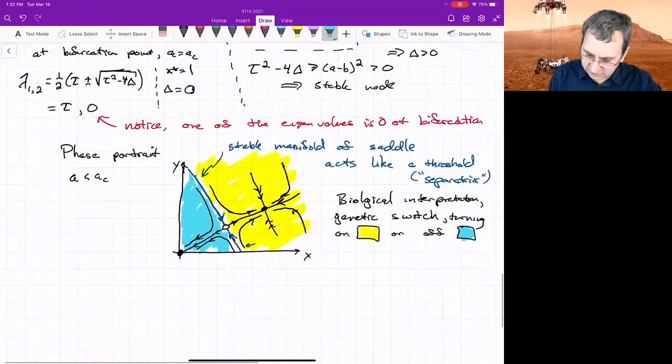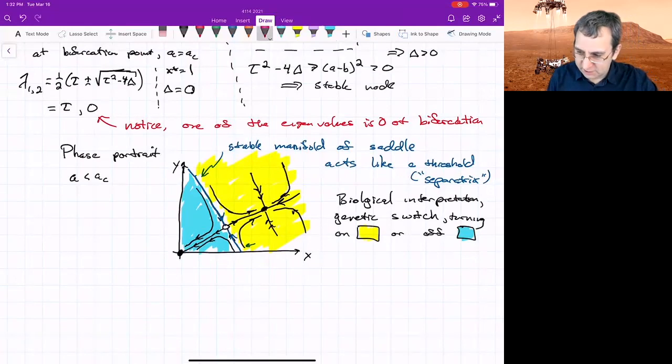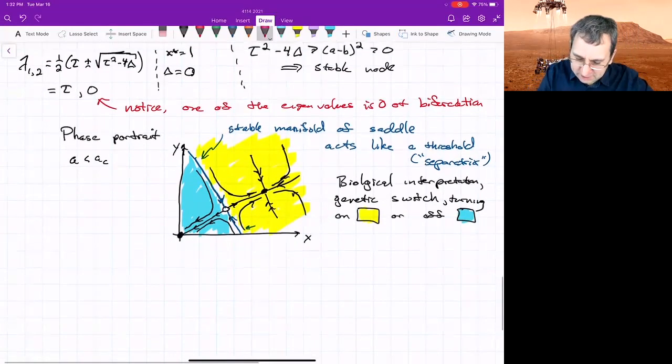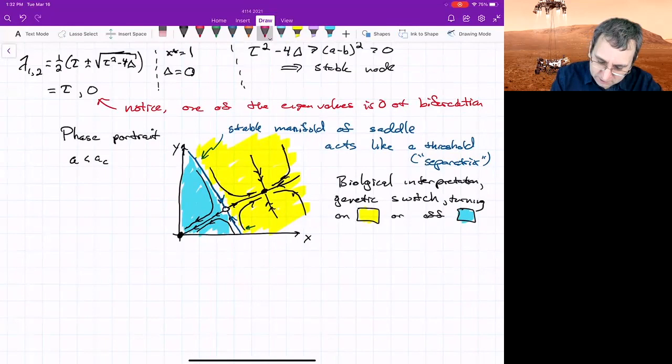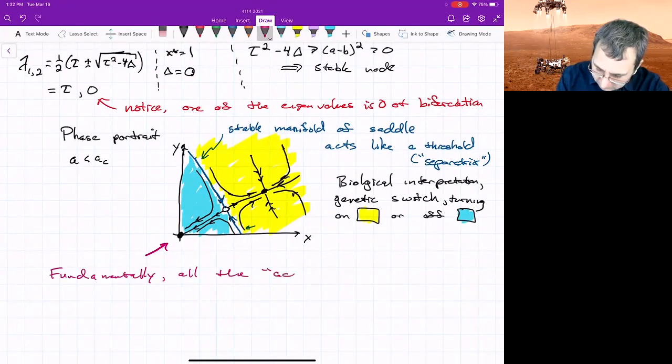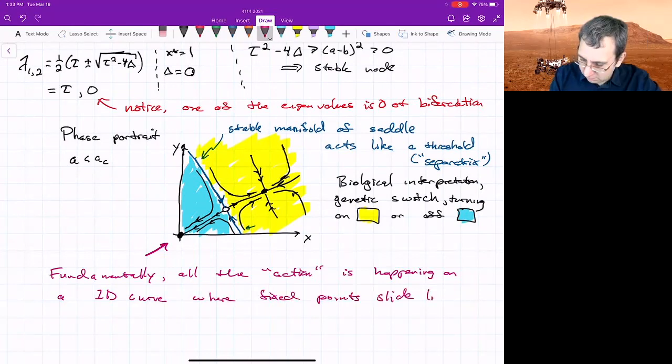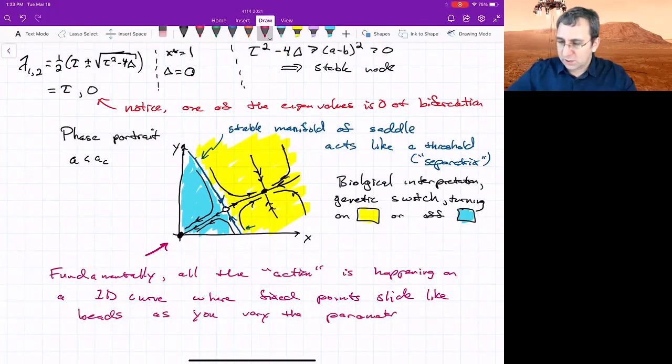Before going on to that, one of the main things to notice is that fundamentally things are just happening in 1D over here. All the action is happening on a 1D curve where the fixed points slide like beads as you vary the parameter, which suggests that bifurcations are essentially one-dimensional.